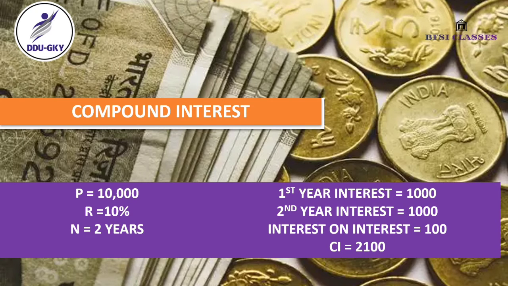Now his principal amount becomes Rs 10,000 plus 1,000, that is 11,000 after the first year. In the second year, the interest is 11,000 into 10 into 1 divided by 100, that means 1,100. So the total interest he gets is 1,000 plus 1,100, which is 2,100. This is compound interest.